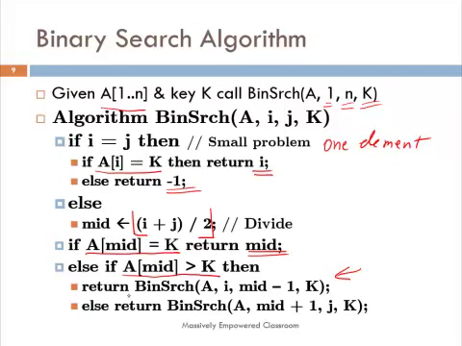So we call binary search recursively for the first subproblem, which in this case goes from i to mid minus 1. If it is not true, that means if A[mid] is less than k, then the key is going to be found in the right part, the second half of the array. So we again call binary search recursively, and we go from mid plus 1 to j.